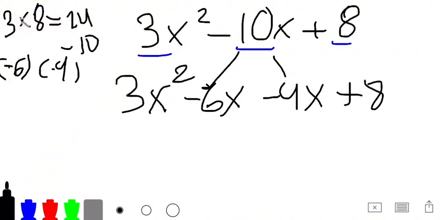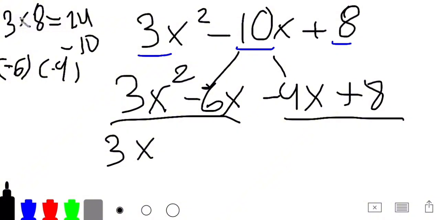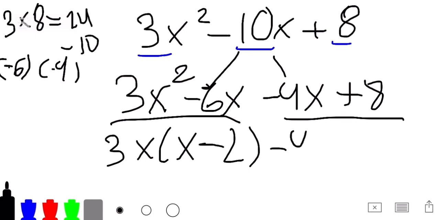And so what this does is it allows us to factor out these pairs. When we factor these out, we can factor out 3x, which leaves us with x and -2, and here we can factor out -4, leaving us with 3x and -2.